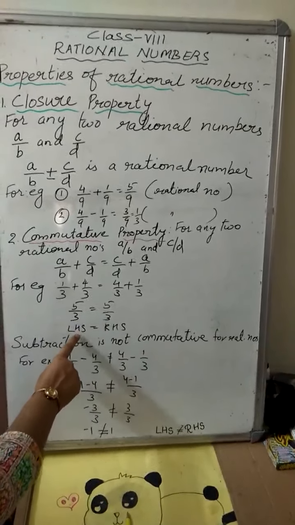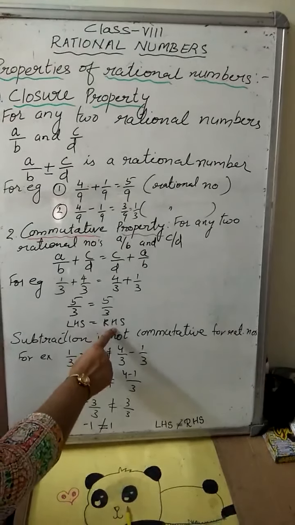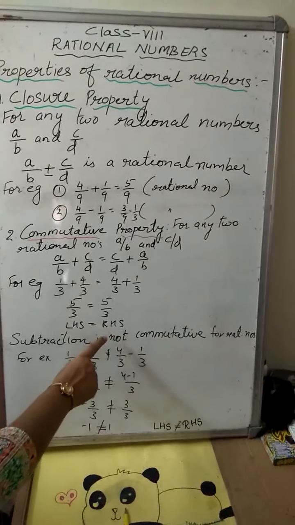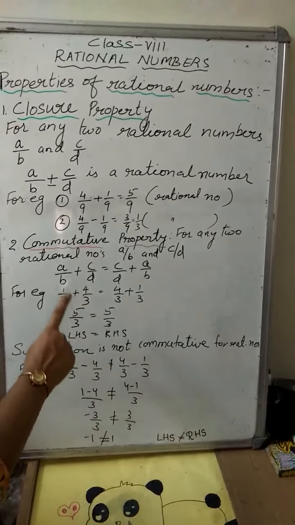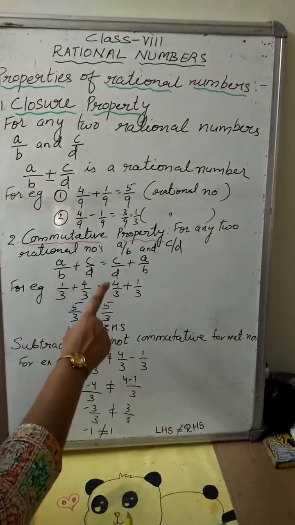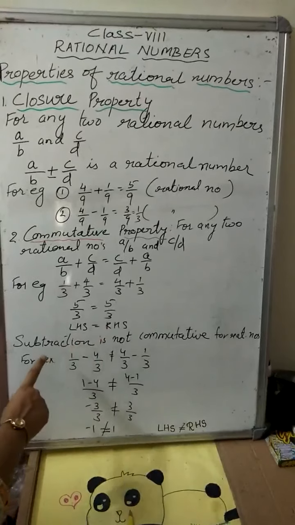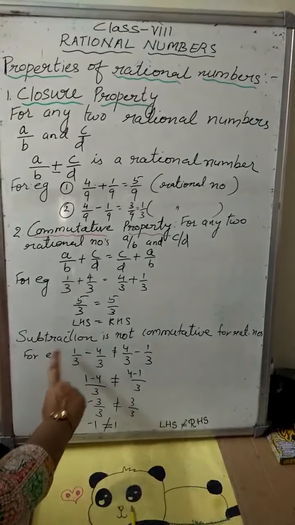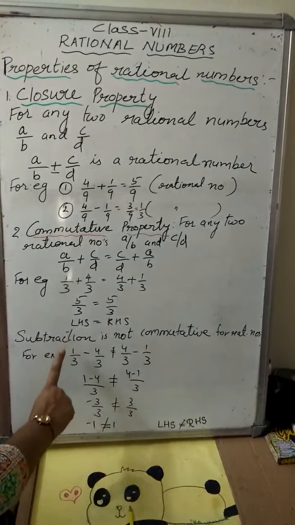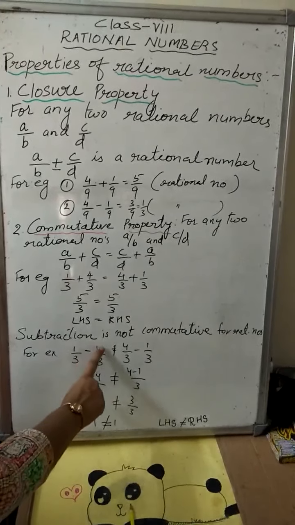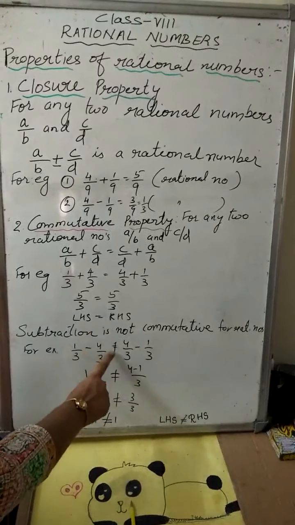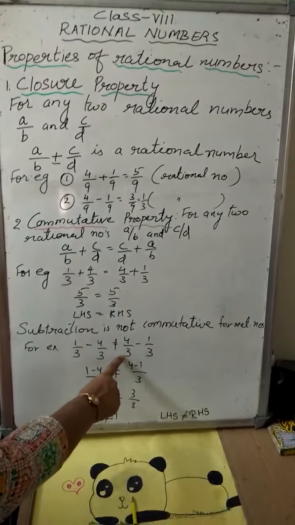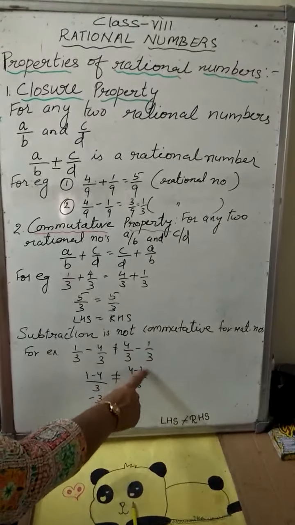It means LHS is equal to RHS, which implies that rational numbers follow commutative property of addition. But it does not follow for subtraction. For example, 1 by 3 minus 4 by 3 will not be equal to 4 by 3 minus 1 by 3.